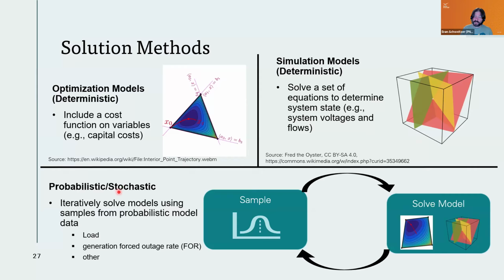One way to think about it is that we have that probabilistic component data, and so we're able to sample from that data. We might be sampling load, generation, forced outages, etc. And then with each sample, we can rerun one of these methods over here.